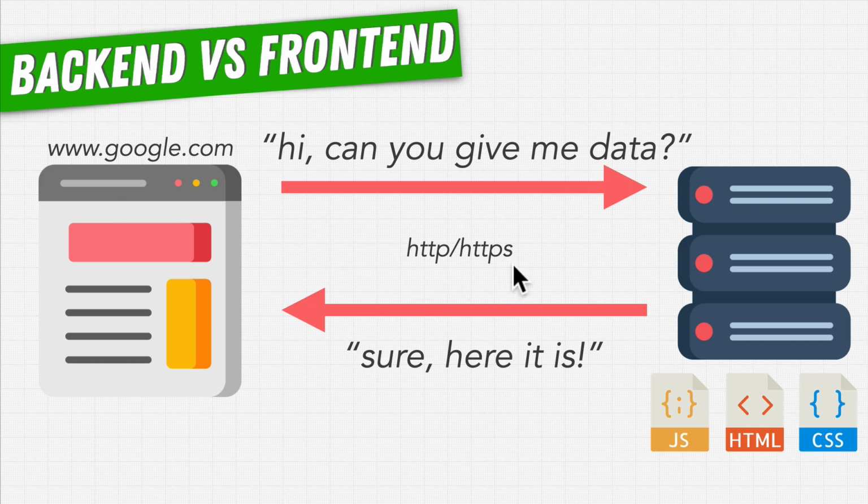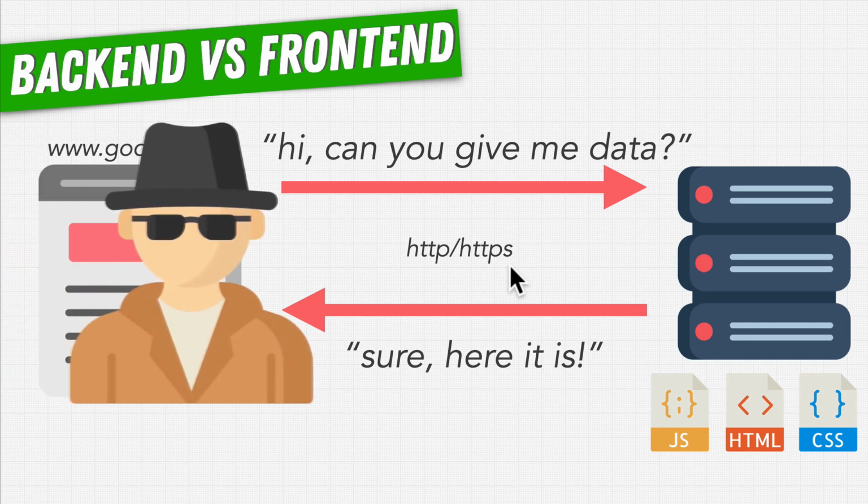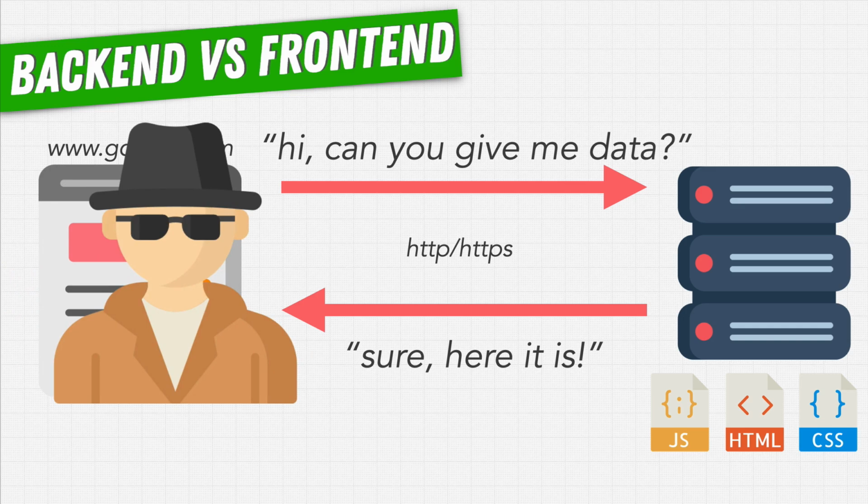And oftentimes we'll see HTTPS, which is the secure version of this protocol, where all communication between the client and server is encrypted to help keep our data secure, in case someone tries to come between us in the browser and the server.